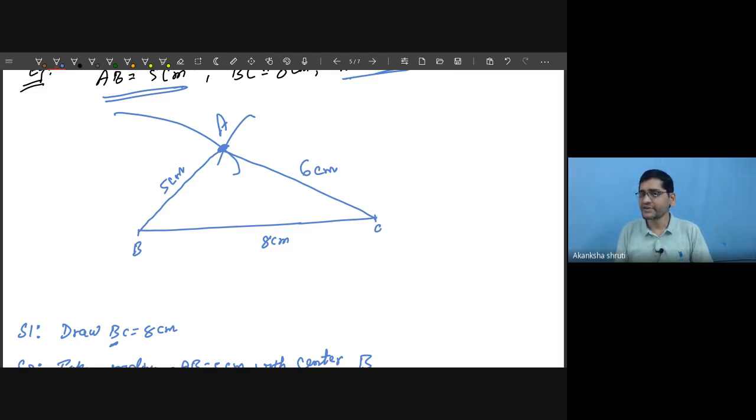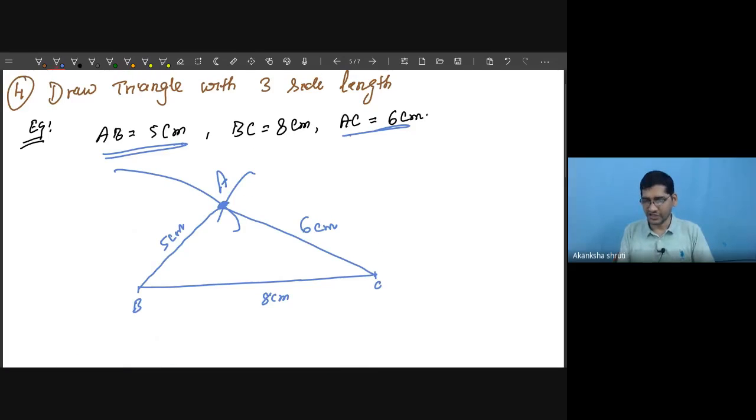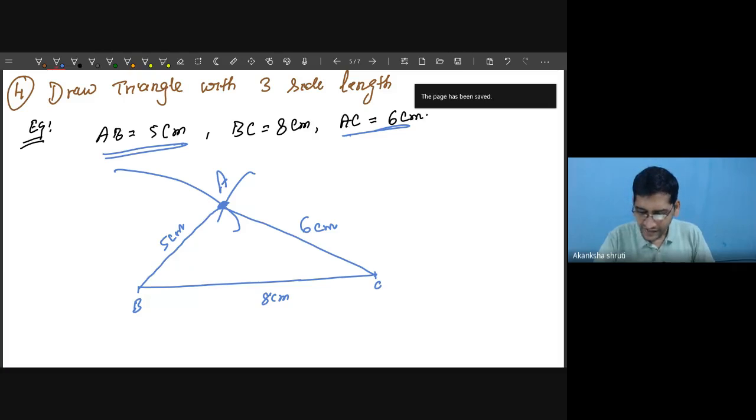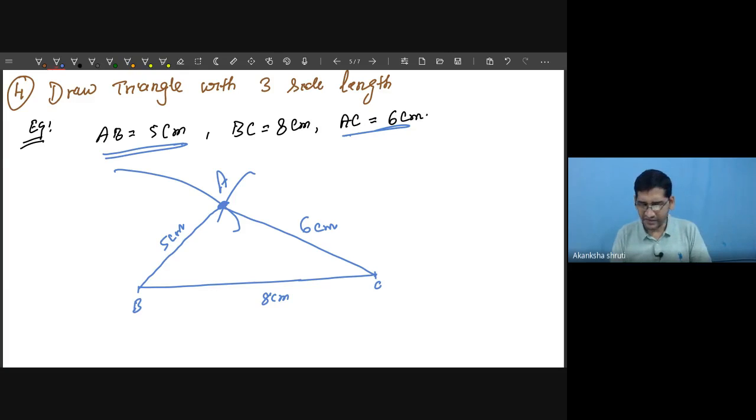This way the 3 sides of the triangle are known and we have drawn the triangle ABC. So it's very easy. Now it is possible that the triangle with the base, this BC is our base, this base is known and 2 angles are known.